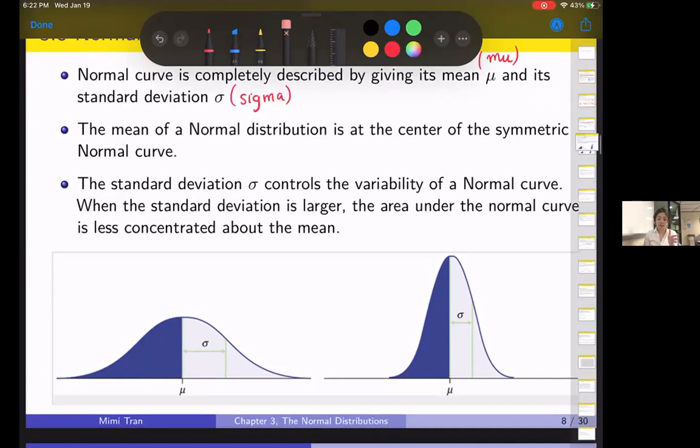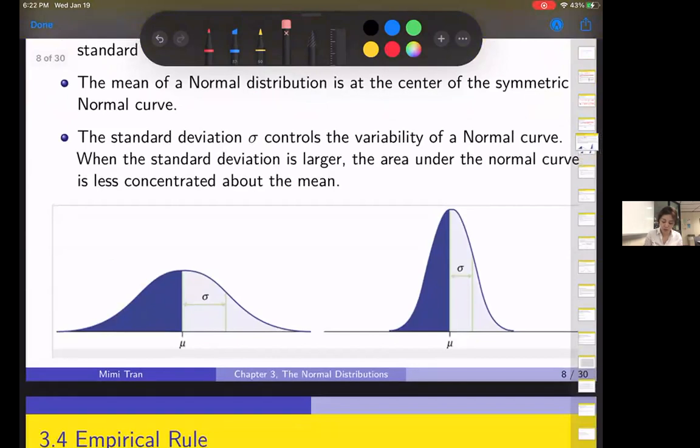For the one on the left, I'll give you an arbitrary example, maybe the range is from 20 to 200. Over here, the range is 80 to 120. So the values are closer to the mean here, and here the values are far away from the mean.